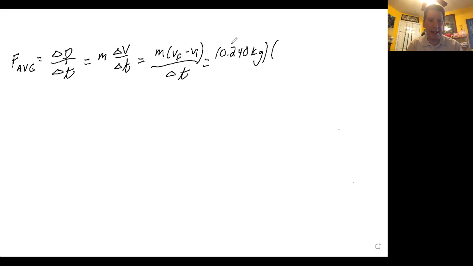Now, the final velocity is 2.40 meters per second, and we'll define that as the positive direction.